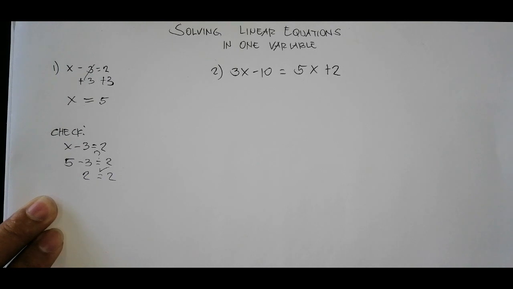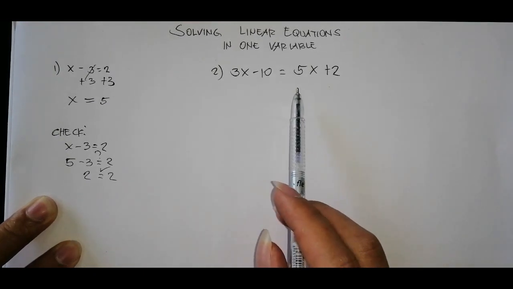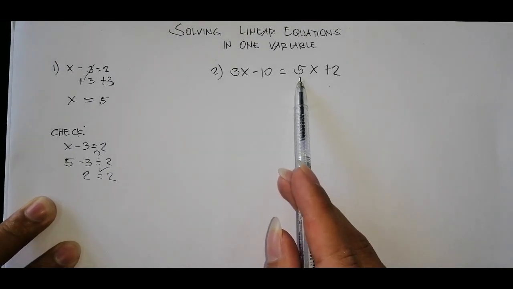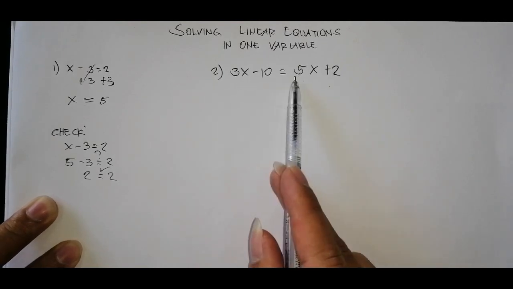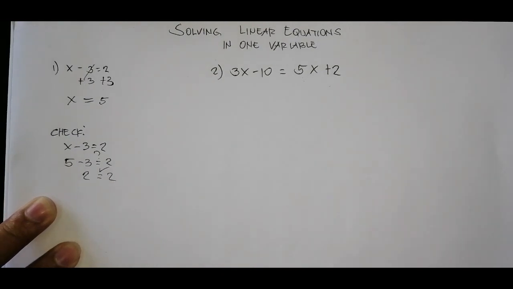Now example number 2. We have here 3x minus 10 equal to 5x plus 2. In this case, as you can observe, we have a variable on both sides. So first, we're going to isolate the variable on one side. For example, we want our variable to be on the left side, so 5x should be combined with the variable on the left side.